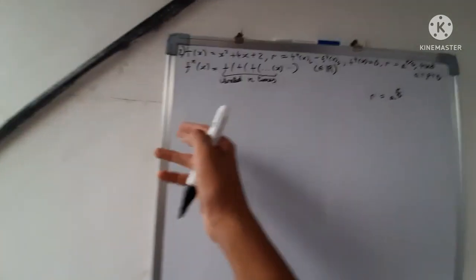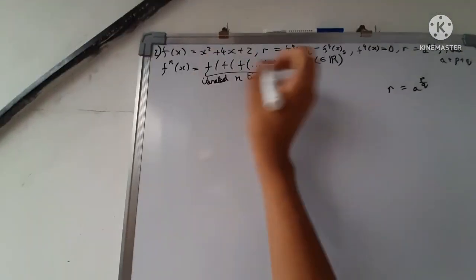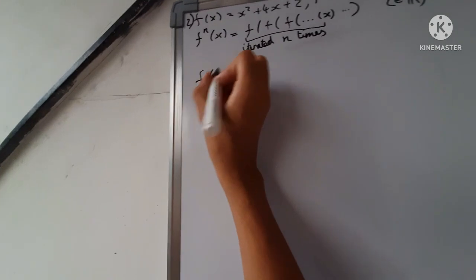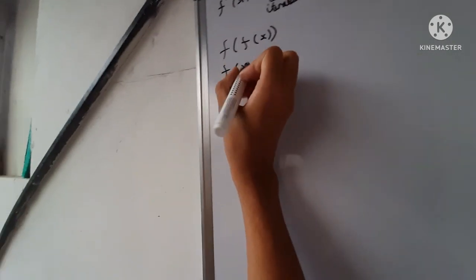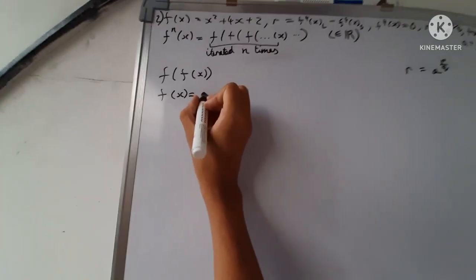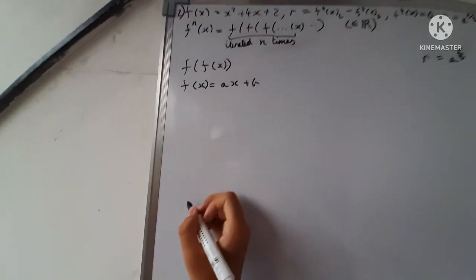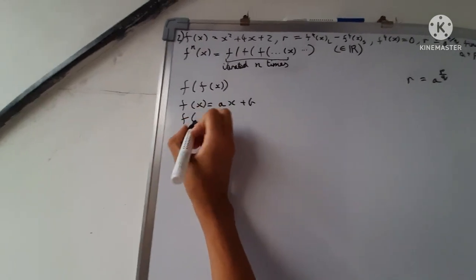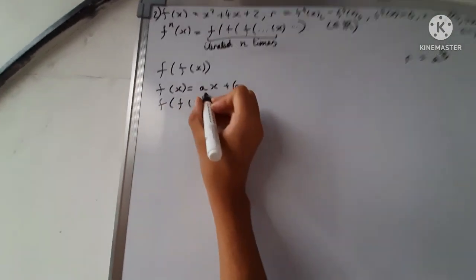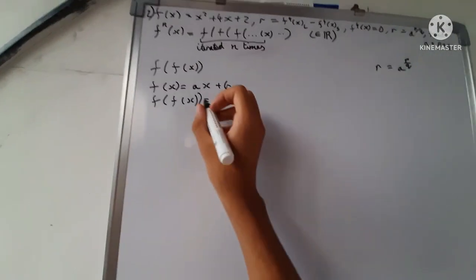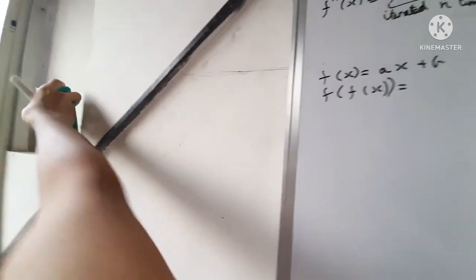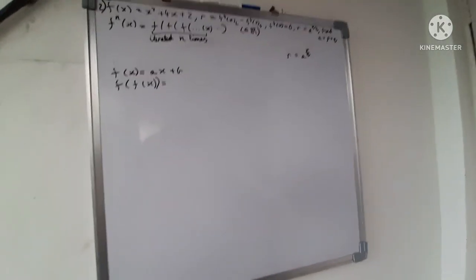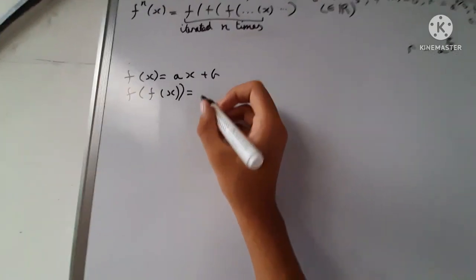So let's just get this out of the way first. What is this monstrosity? What is f of x? First we'll say f of x is ax plus b. So we'll define f of x as, let me rub this one off because it's disgusting.